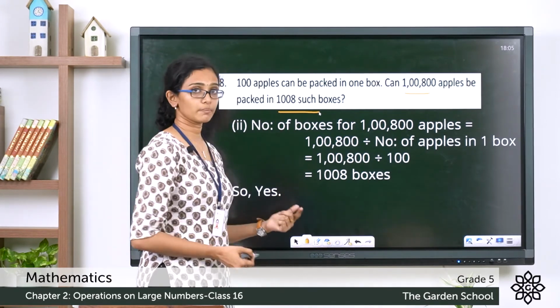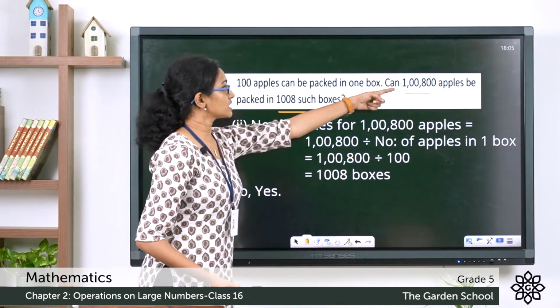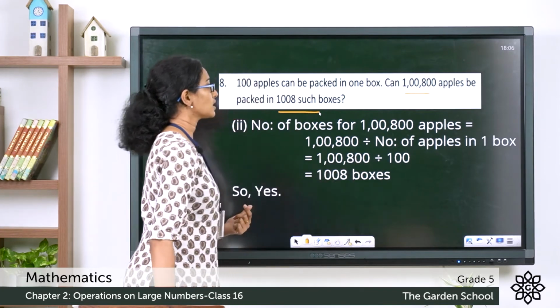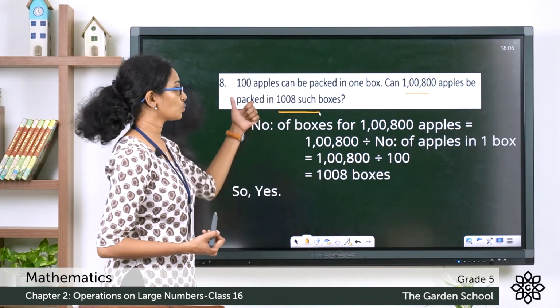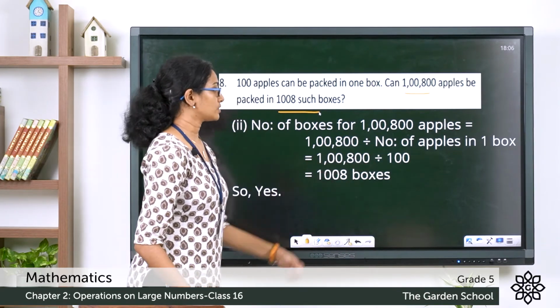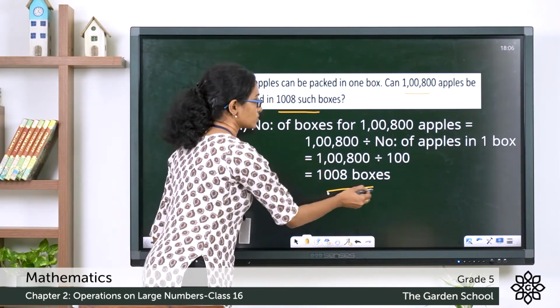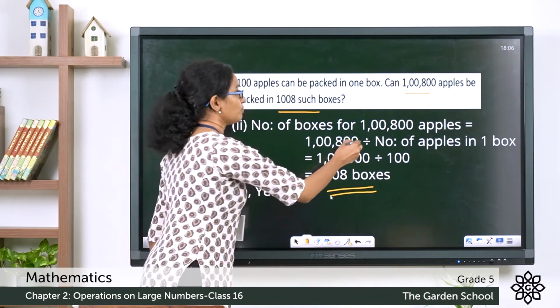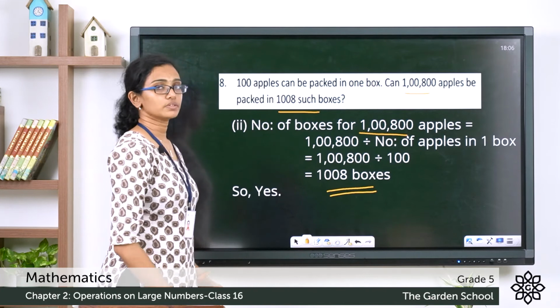So let's find out the number of boxes required for these many apples. How do we do that? Let's divide the total number of apples by the number of apples in one box. So 1,08,000 divided by 100 will give you 1,008. So this is the number of boxes required to pack 1,08,000 apples.